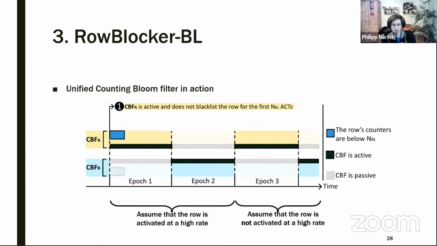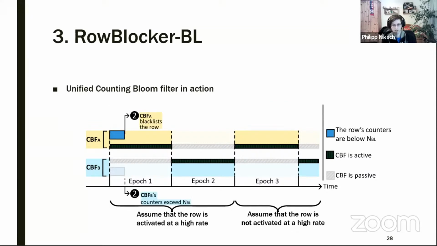At the beginning, the row is not blacklisted since the threshold has not yet been reached. At some point, the activation count reaches the threshold, and the row gets blacklisted. The row then remains blacklisted for the remainder of epoch 1.